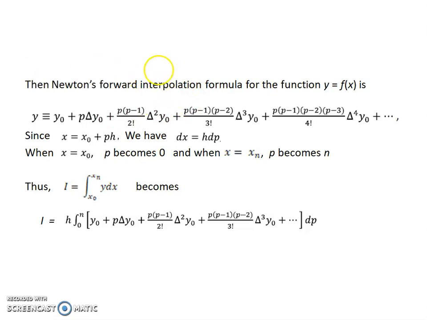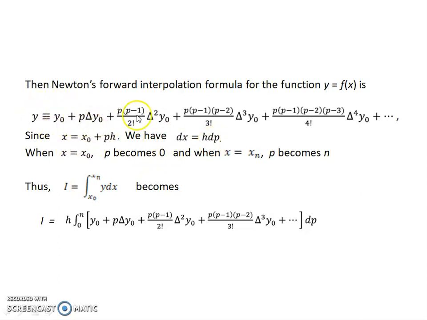Similarly, del square y0 is the second order forward difference. That is, del square y0 is equal to del y1 minus del y0. Similarly, del cube y0 is the third order difference. Since x is equal to x0 plus ph, if we differentiate this, we get dx is equal to h dp.